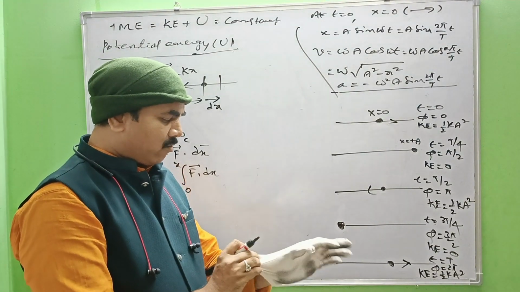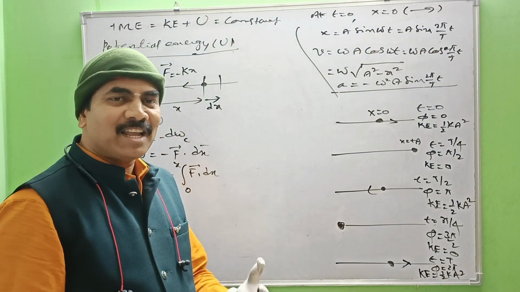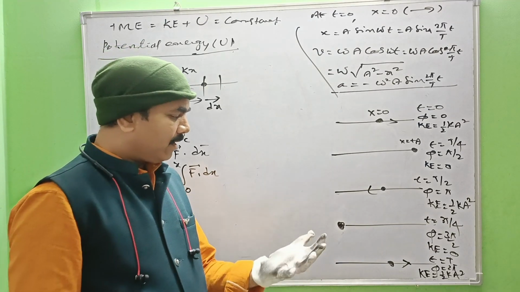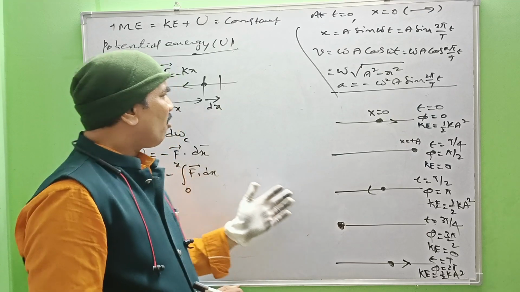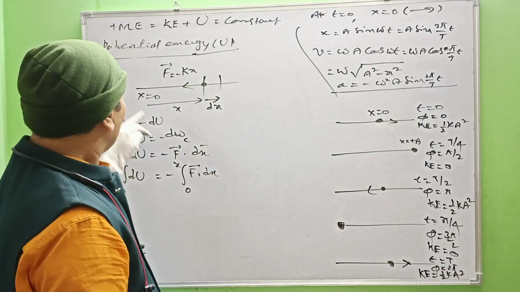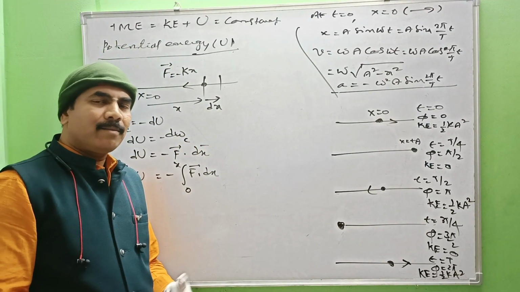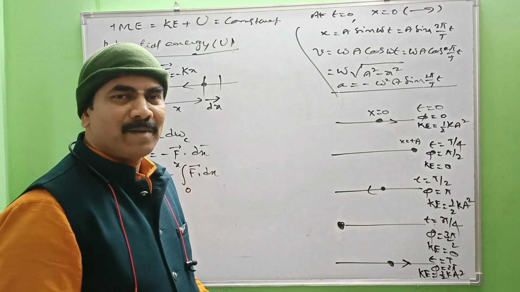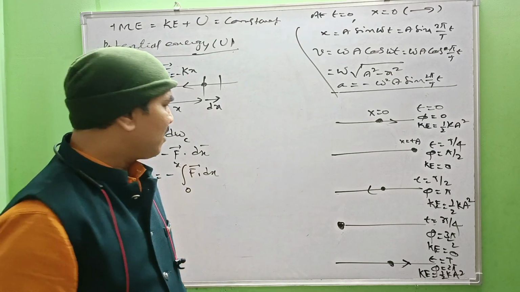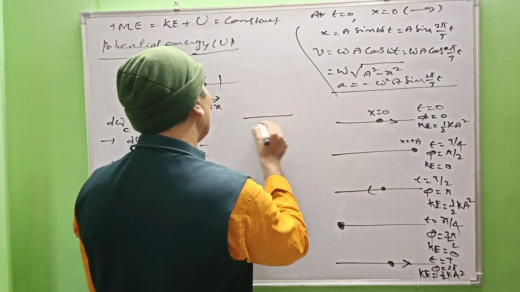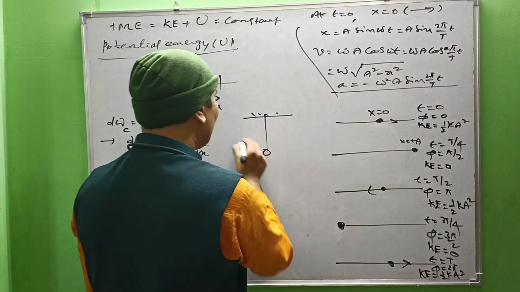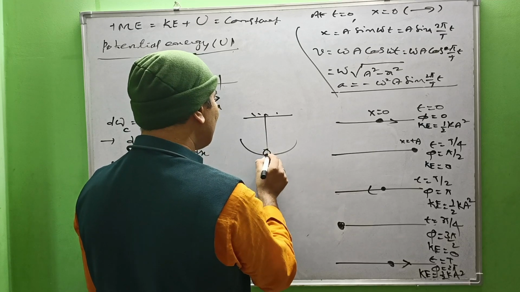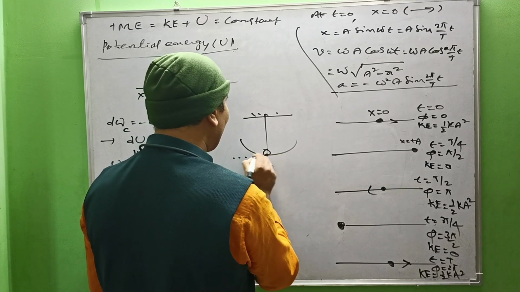Usually we take the potential energy to be 0 at the mean position, but it is not always so. Why? Because the minimum potential energy may be 0, otherwise it may not be 0. It's a matter of choice of reference level. Suppose a simple pendulum is going to oscillate such that its mean position is just above the reference level, like this.